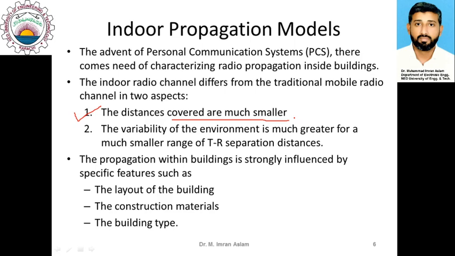Like Hata model was applicable to 1 kilometer to 100 kilometer. But when we are talking about indoor propagation, we generally have distances which are of the order of meters or tens of meters maybe. So this indoor propagation is based on relatively smaller distances.